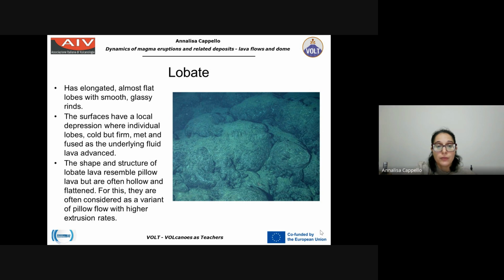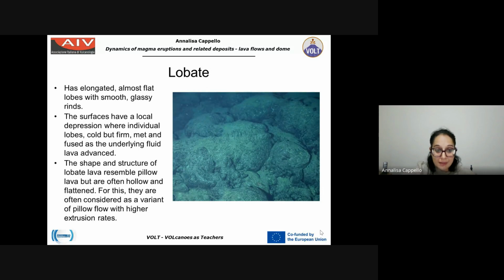Many volcanic fields in submarine eruptions can form pillow, sheet, and lobate flows, with lava having the same characteristics, the same chemical composition. So the composition of the magma doesn't influence their formation.